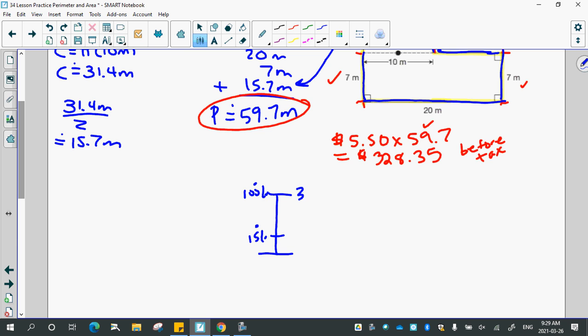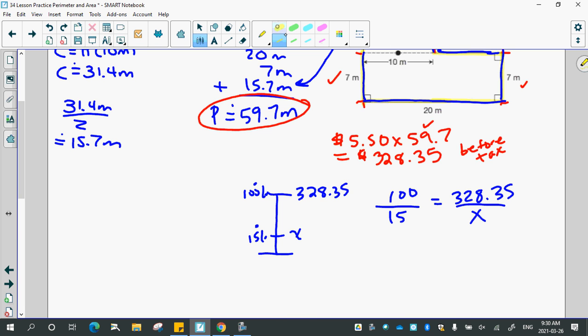Our total price so far is $328.35, and we want to know how much the tax is. So we can do our proportion set up for us. Cross multiply.